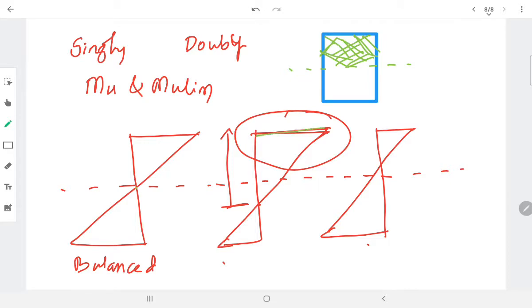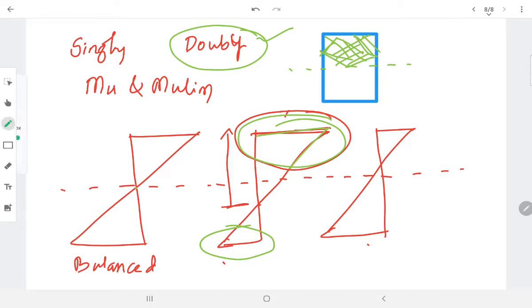In that case the strain diagram will look like this: more strain at the top and less at the bottom. If this case arises, we'll go for the doubly reinforced beam. Obviously Mu is greater than Mu limit, and then I'll be going for the doubly reinforced beam.